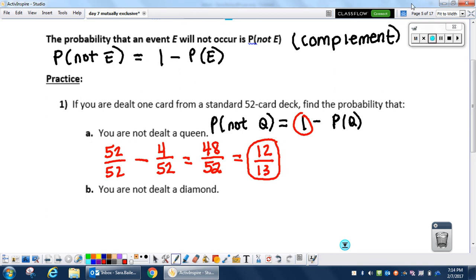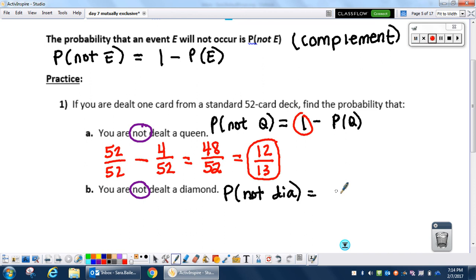Okay? So now the probability of not getting dealt a diamond. So notice the key word here to kind of tell you and point you in the right direction is the word not. Okay, so if you see that word, you want to refer to the complement notes. So the probability of not getting a diamond, and I'm just going to abbreviate that.